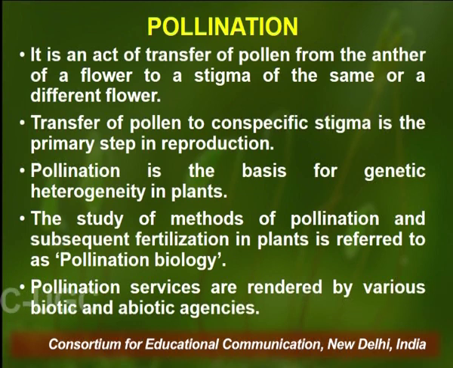Pollination is also the basis for genetic heterogeneity, which is very important in the overall evolution of plants. When we study the methods of pollination and then subsequently fertilization, which is the next step after pollination, the whole study is referred to as pollination biology.